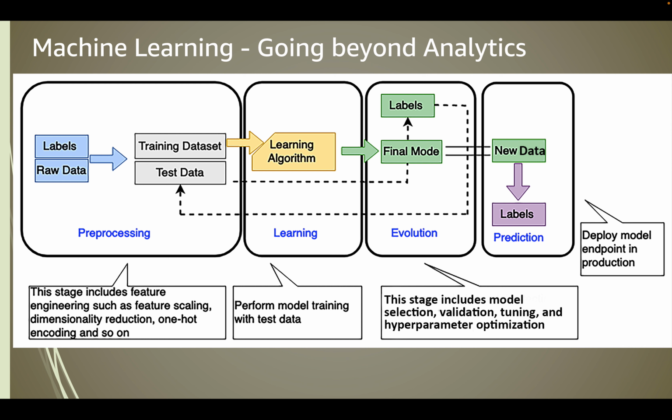So let's go to the next topic and go beyond analytics to talk about machine learning, because if we are talking about data, the picture is not complete without machine learning. Again, we'll start with the basics, the 10,000 feet view of how machine learning happens. We learned a lot about analytics, and that's where we get the raw data. We process the data and label it as per our need. Then it is divided into a training data set and test data.